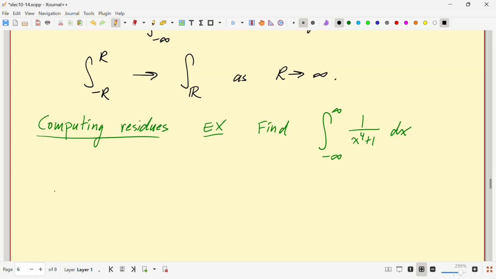So step 1 is find those roots. Find the 4th roots of z to the 4th plus 1 equals 0. Let's see, the 4th roots of minus 1.